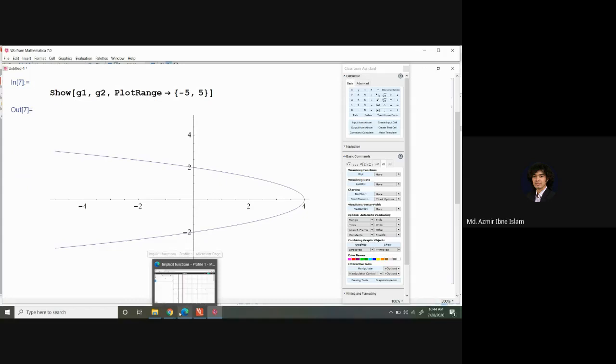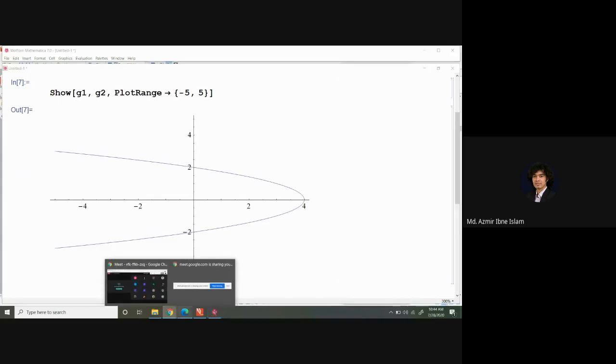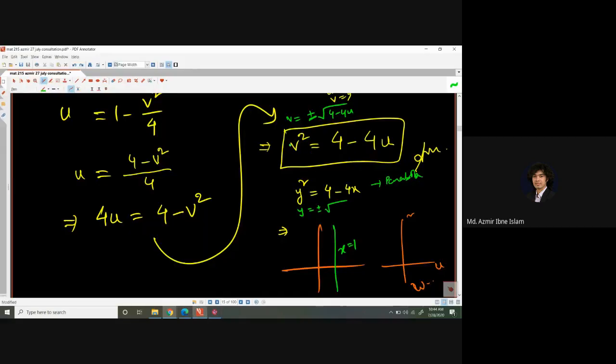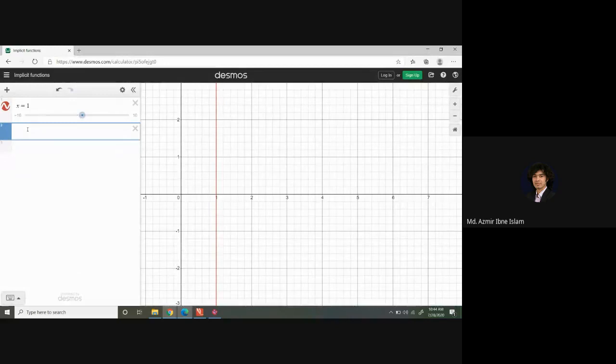Since you are appearing for your exam from your home, you can also take the help of online tools. But here the problem is it can't take v and u. So in that case, we can just input y squared equals 4 minus 4x. That will be easy for you.